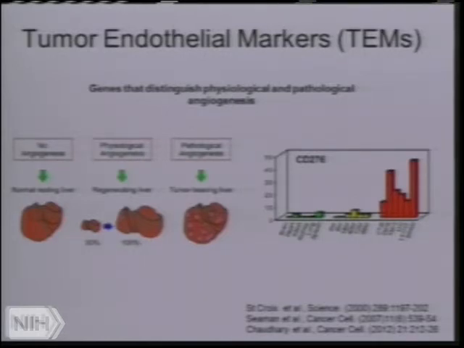And then he had some tumor-bearing livers, which are his source for tumor vasculature. He used SAGE analysis technology to compare the transcriptome between the vasculature in all these situations, and he came up with a number of what he called tumor endothelial markers.